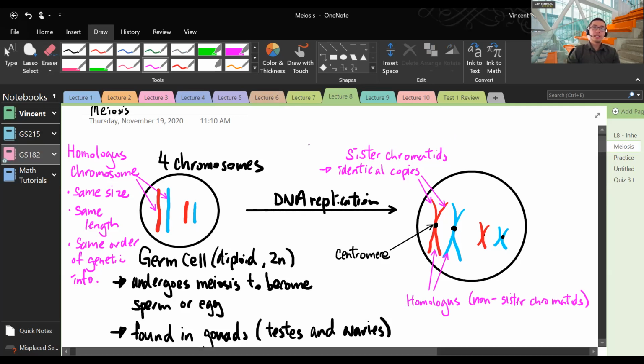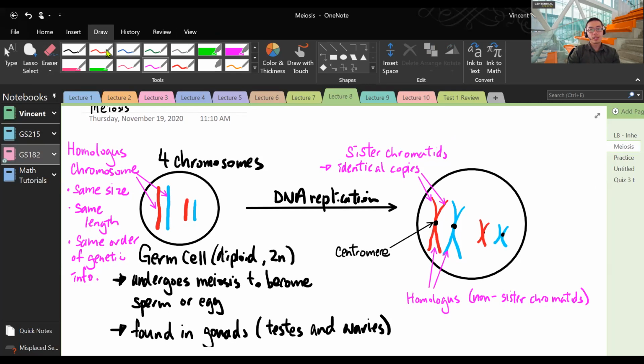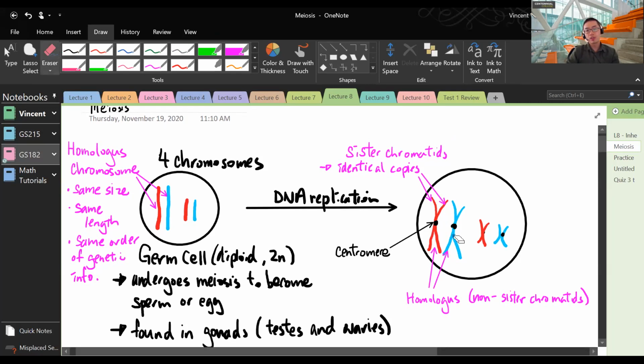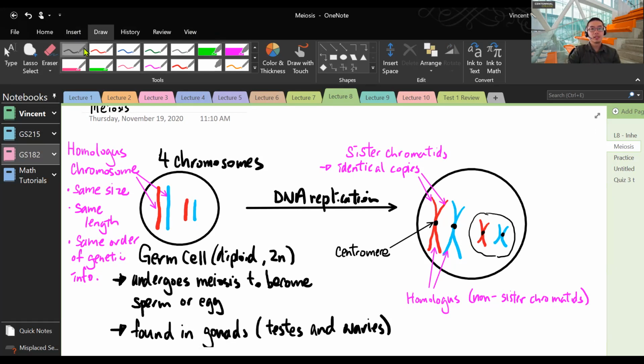In meiosis, the homologous chromosomes, after they duplicate, will find each other and form a set of 4 individual chromatids. Together, collectively, does anybody know what this is called? The whole set here? What do we call that?